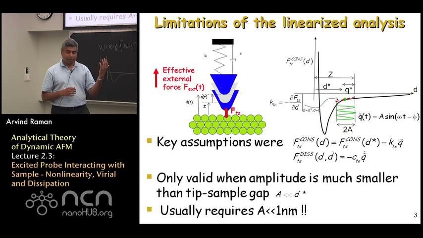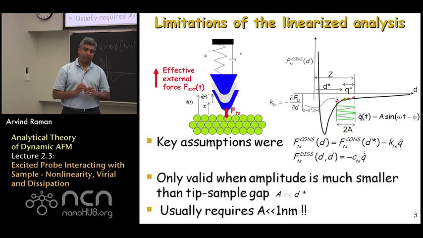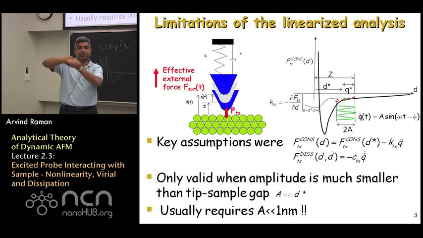The graph on the right is trying to give you a sense of when we think this approximation is valid. You see this interaction force, and you see the equilibrium position, D star, where the tip is hanging under the equilibrium of tip-sample interaction forces and the restoring forces, and then you have this Q tilde oscillation happening about it.